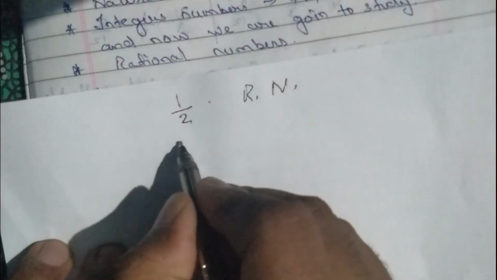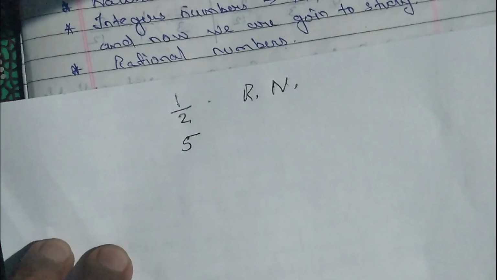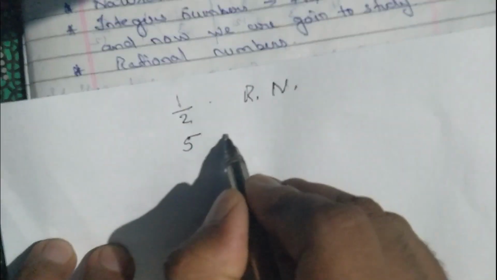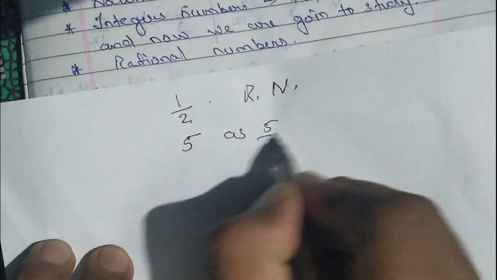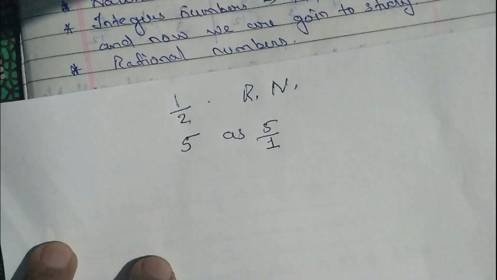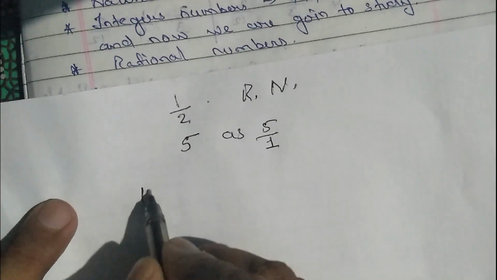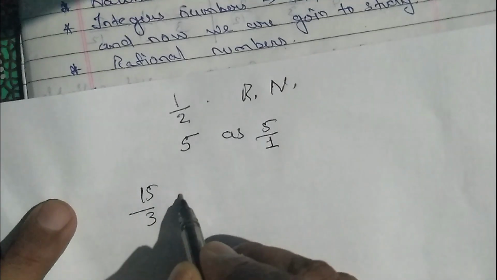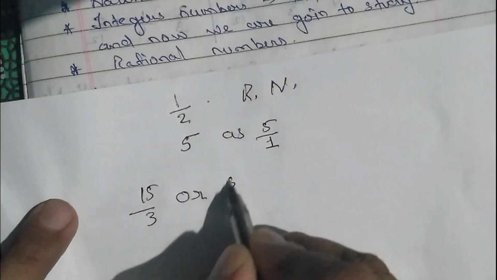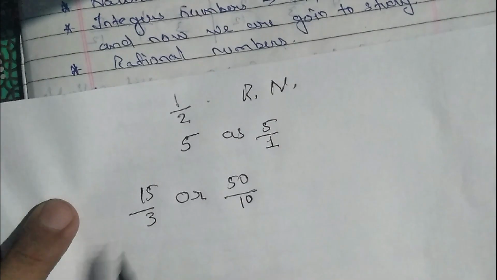Now if we take another example, if I say number 5 is a rational number, yes, it is a rational number, but we can write it as 5 upon 1. So now here it becomes a rational number. We can also write 15 by 3 or 50 by 10. Both are rational numbers and they both have the same answer.